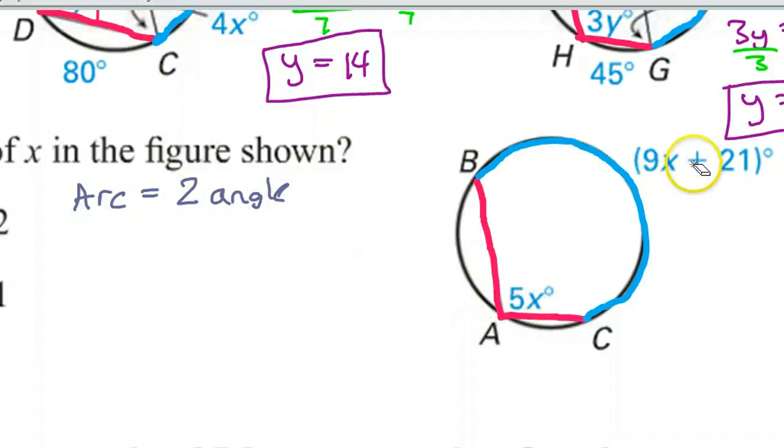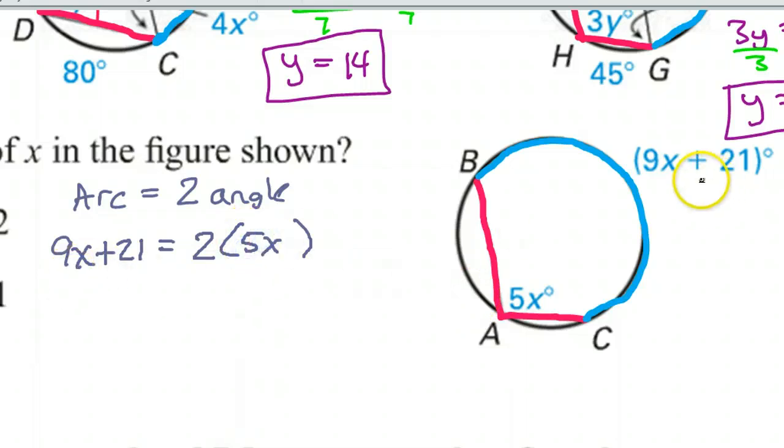So let's fill in the expressions that we have for the arc and the angle. So the arc should be 2 times the angle. So that means the arc is 9x plus 21. So that tells me that 9x plus 21 should equal 2 times the angle. Well, the angle is 5x. So that's 2 times 5x.